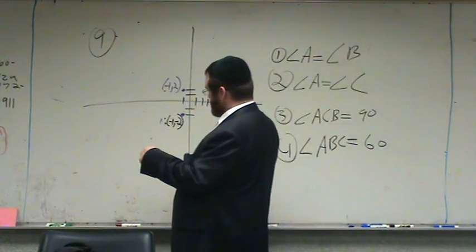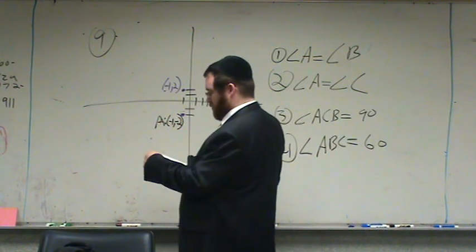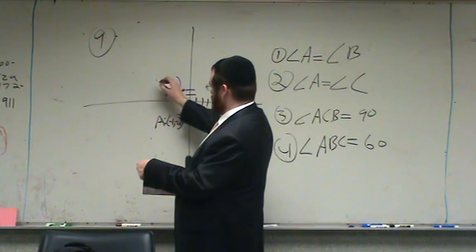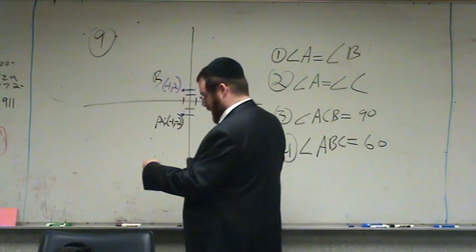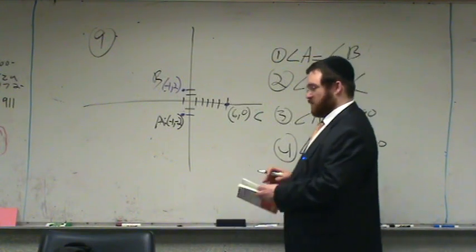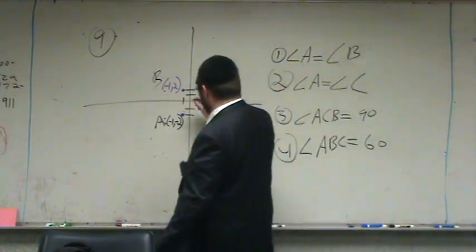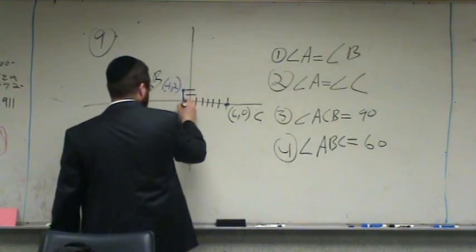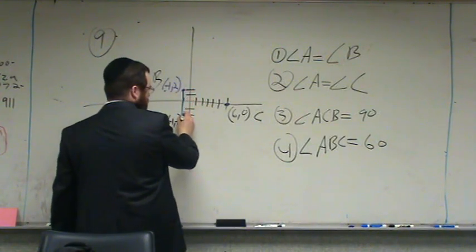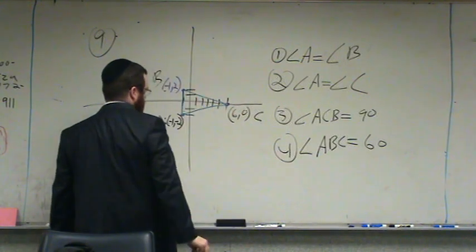A is -1, -2, so this is A. B is -1, 2, so this is B. And C is 6, 0. So it's a triangle, so let's put together this triangle. Connect these two dots, you have one side of the triangle, a second side, and a third side of the triangle.